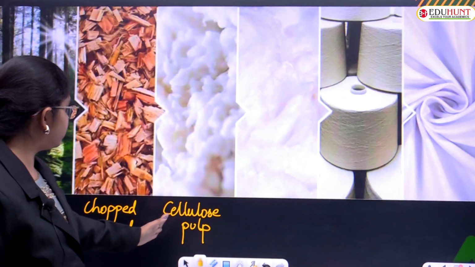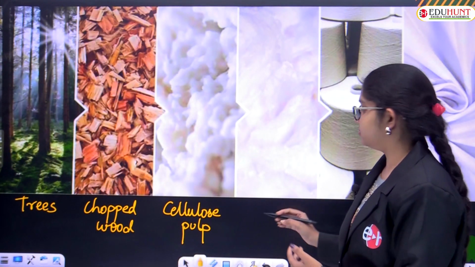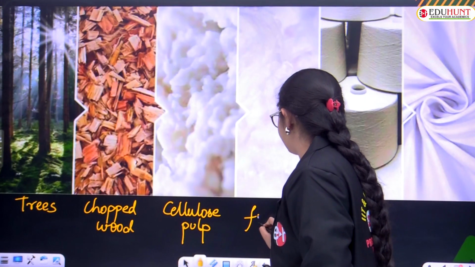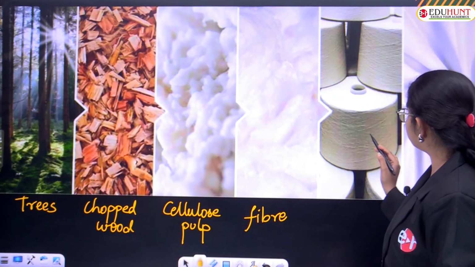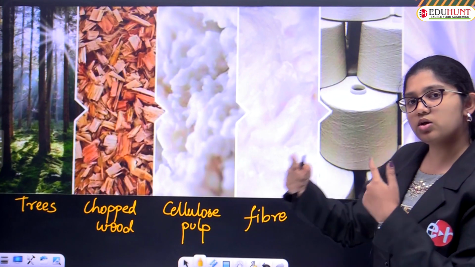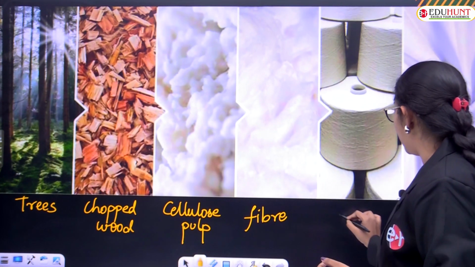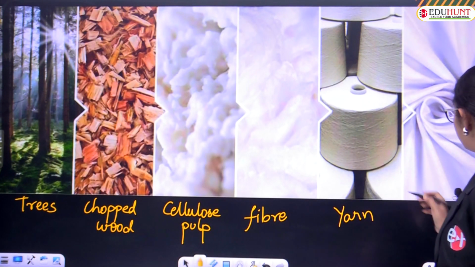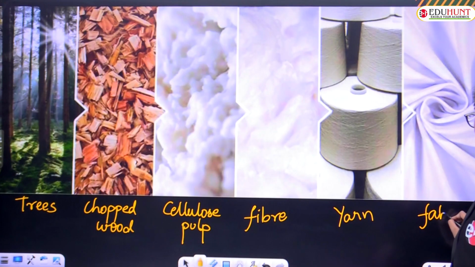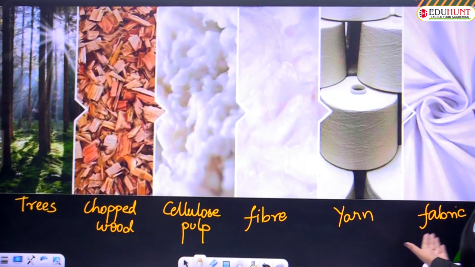This cellulose pulp is again transferred to a fiber. Which fiber? Rayon fiber. Using spindles, they'll do some rotations and you'll get yarn. And then into fabric. What kind of fabric is it now? Rayon fabric.